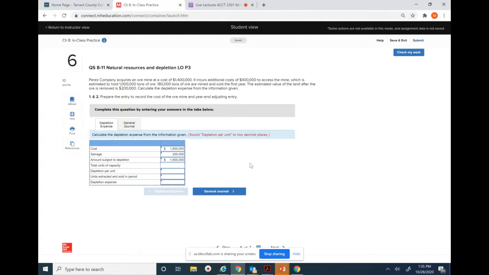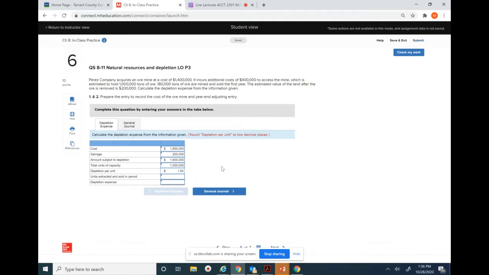We have a capacity of 1 million tons of ore. So when I take the 1.6 million and divide it by the 1 million capacity, that would give me the depletion per unit.